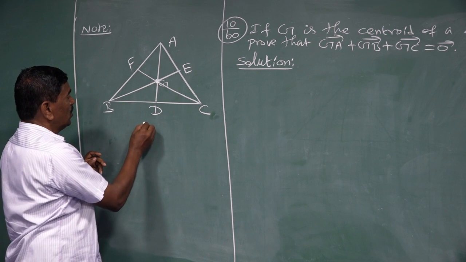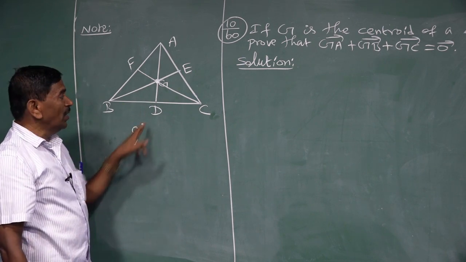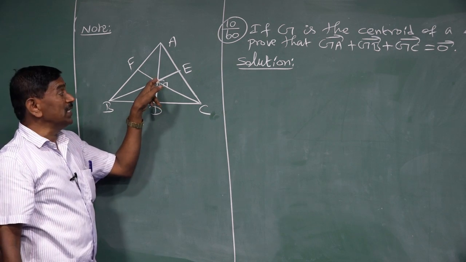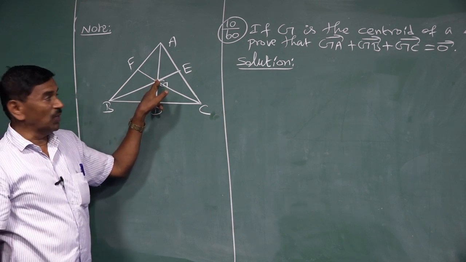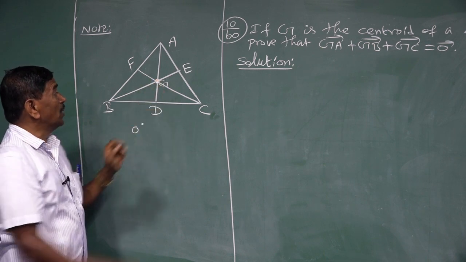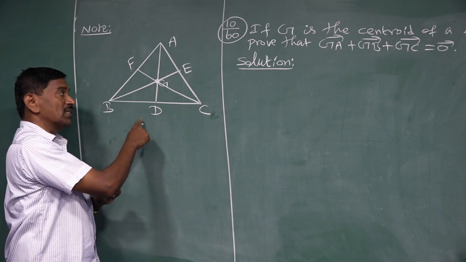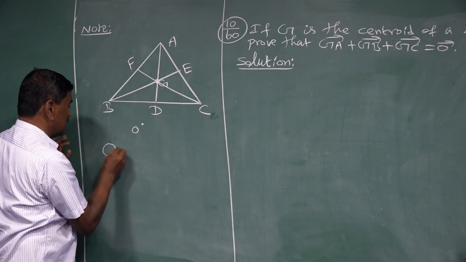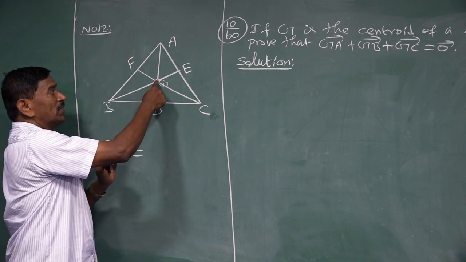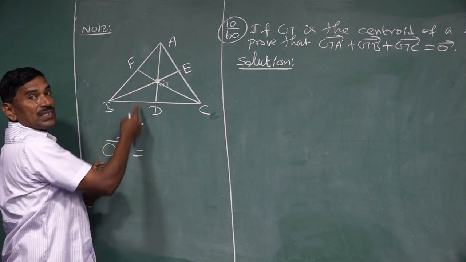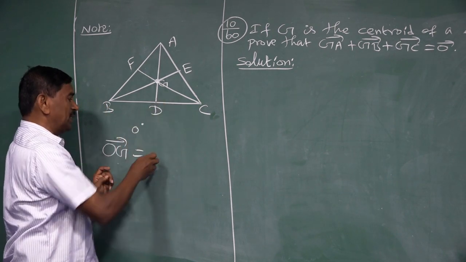Okay. Now, let O be the origin. The point of intersection of the medians is called a centroid. Good. Centroid. So, the position vector of G with respect to origin O is, yes, OG vector. OG vector is equal to OA vector plus OB vector plus OC vector, by 3.